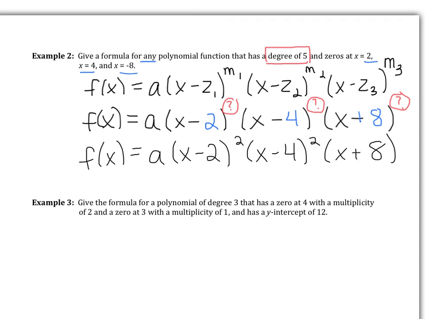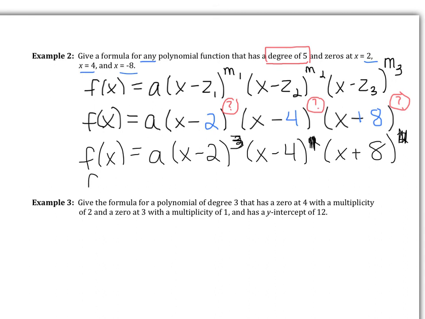Or maybe you want to move those around. You could say that this has a multiplicity of 2 and this just has a multiplicity of 1. Or you could say that this one has a multiplicity of 3 and these now each have a multiplicity of 1. So any way that you can get a degree 5 polynomial, you're fine.